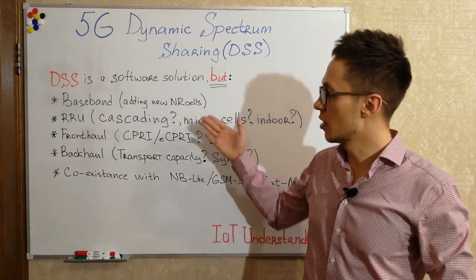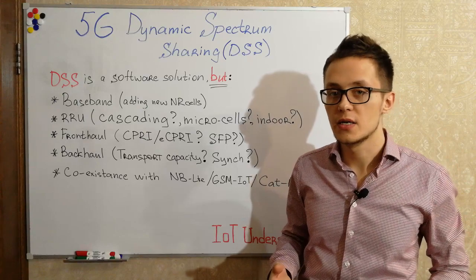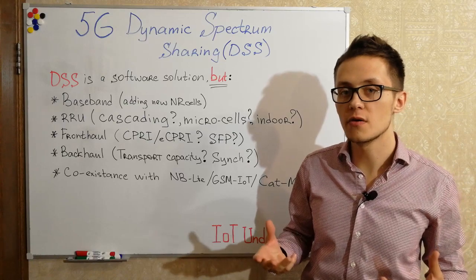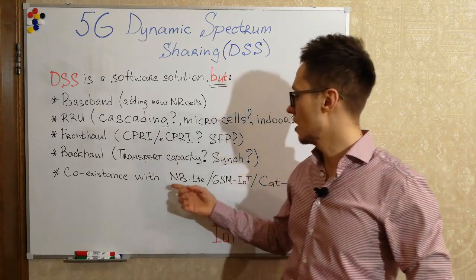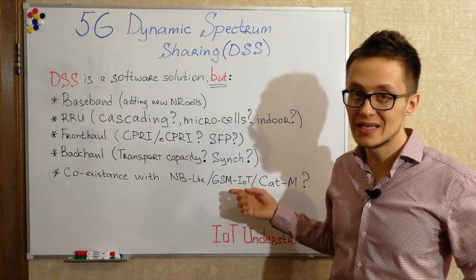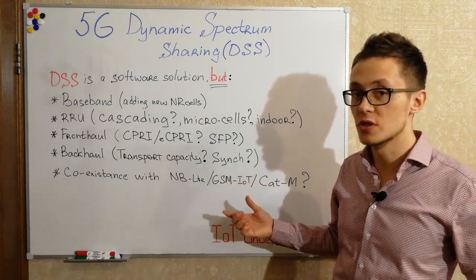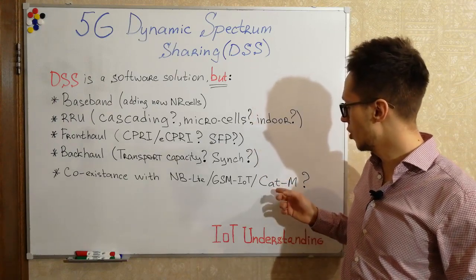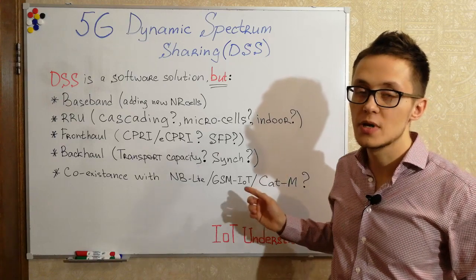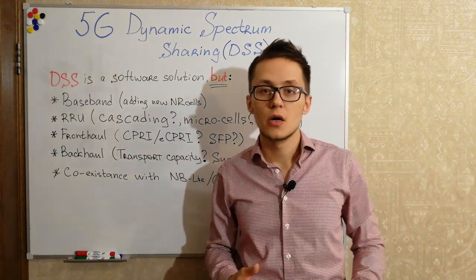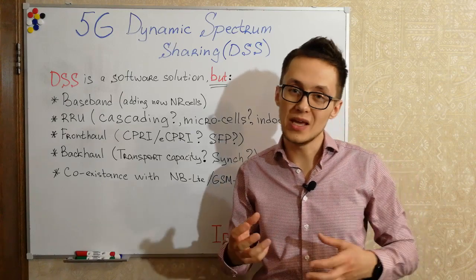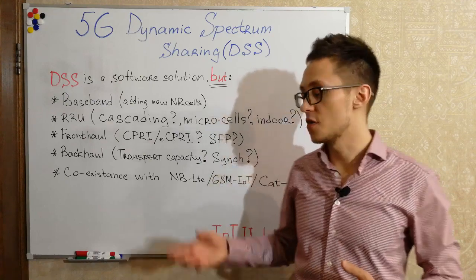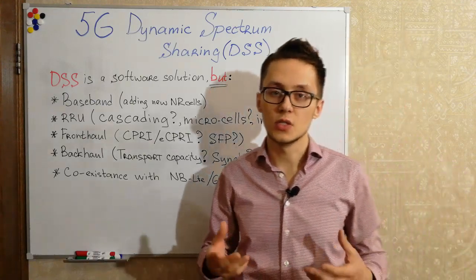And of course, apart from that, as a mobile operator with your current network, you should consider coexistence with narrowband IoT, with GSM IoT solutions if you've deployed them in your network, and with some deployments of Cat-M devices, because in some cases some vendors may not support coexistence with those or with other technologies.